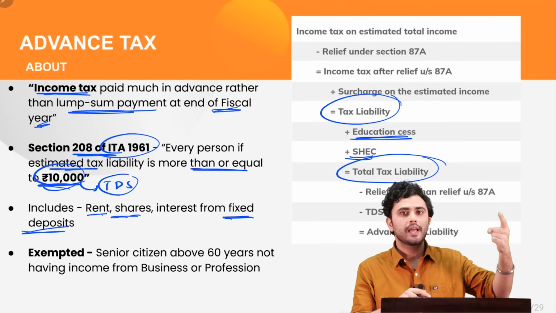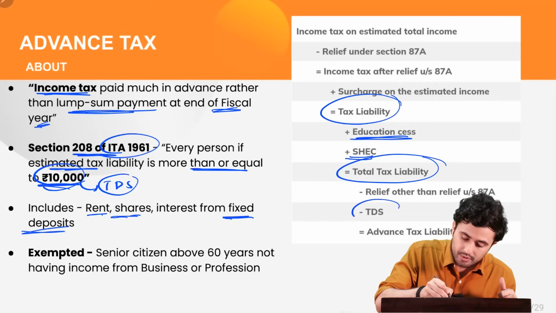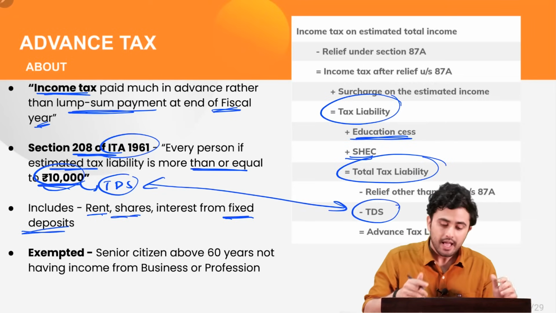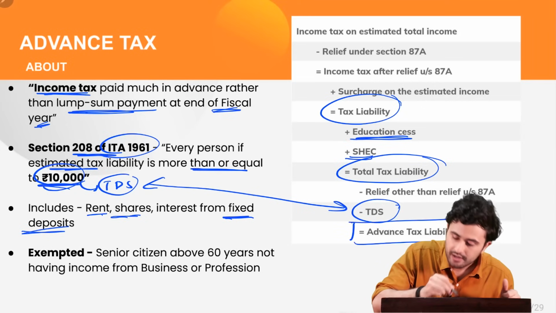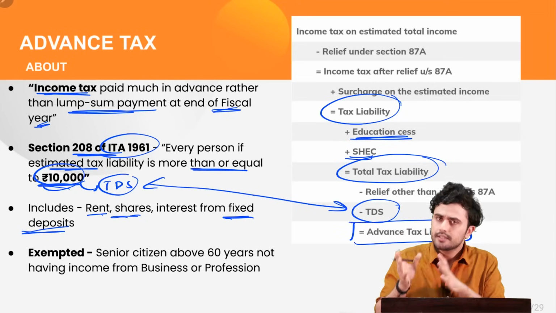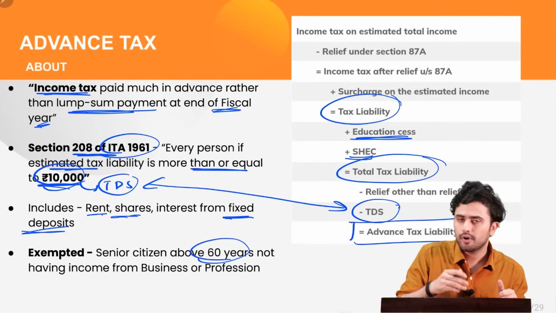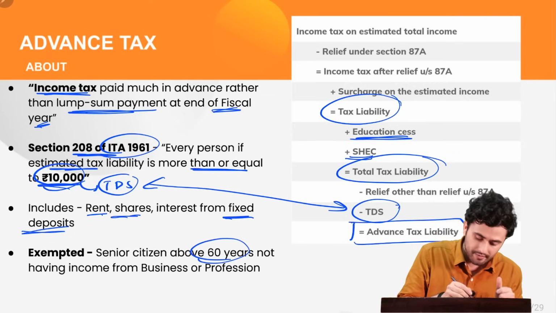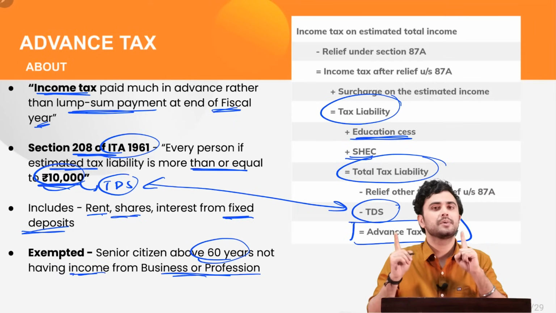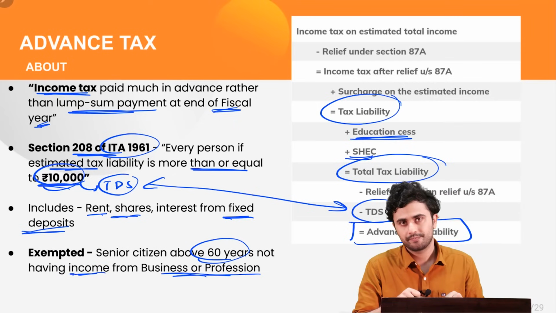From this total tax liability, we deduct the tax deducted at source as it has already been paid, and that will form your advance tax liability. From such advance tax, senior citizens who are above 60 years and not having income from any kind of business or profession are exempted.